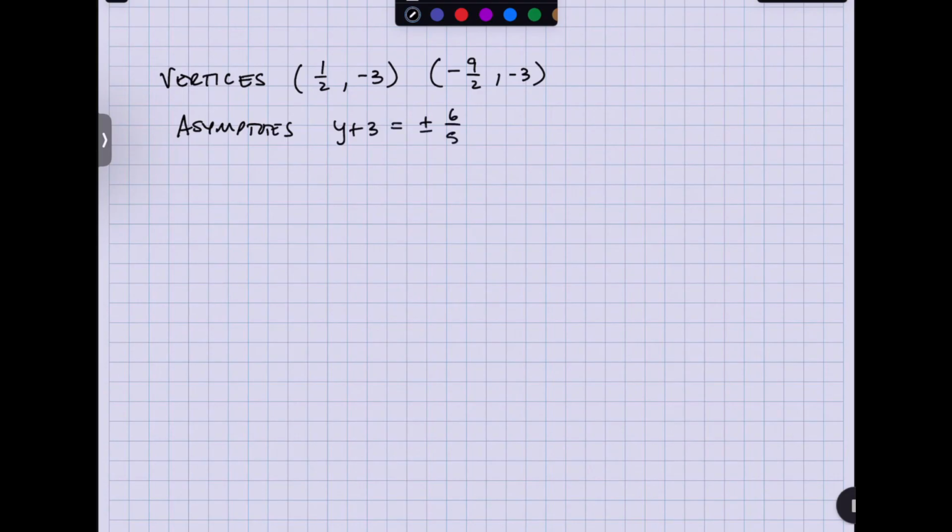Number 9 says the vertices are at 1/2, comma, -3, and -9/2, comma, -3, and asymptotes are y plus 3 is equal to plus or minus 6/5 x plus 2. Okay.